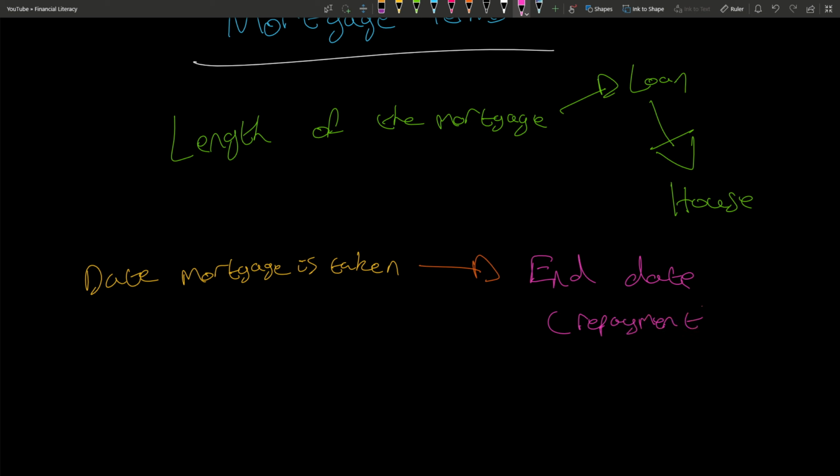Obviously, you would usually be paying on some sort of regular basis, like a monthly basis, and then the idea is at the end of that period, you would have paid it all back. But you could always do overpayments as well, but that is the max that it is allowed.